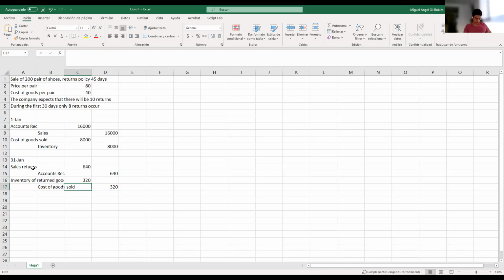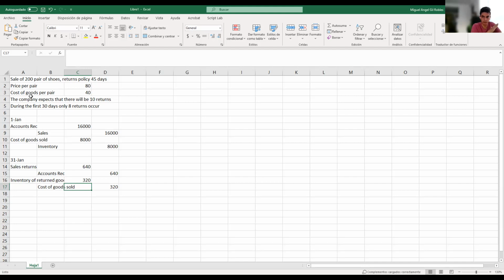So now we have to do something. Now we need to decide what to do with the other two returns that we are expecting. And here we need to think about the transfer of control. If we think about the steps that I told you, we need to be conscious that the transfer of control finishes when you don't have any responsibility.